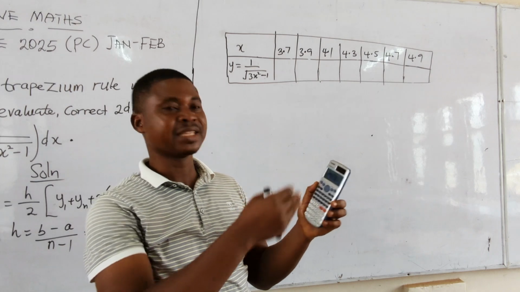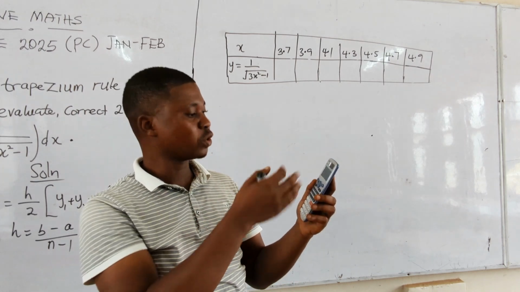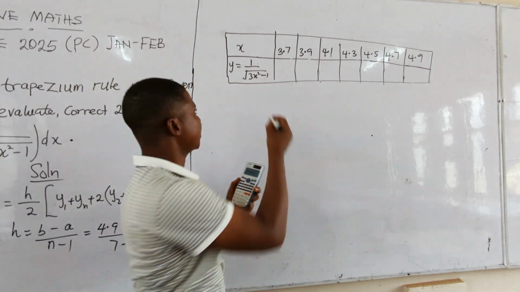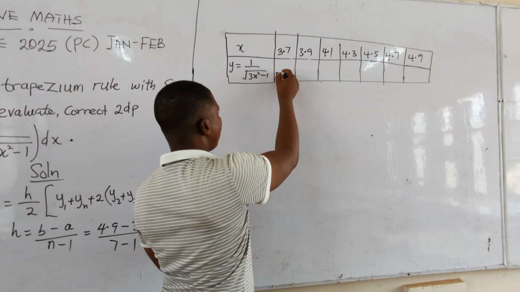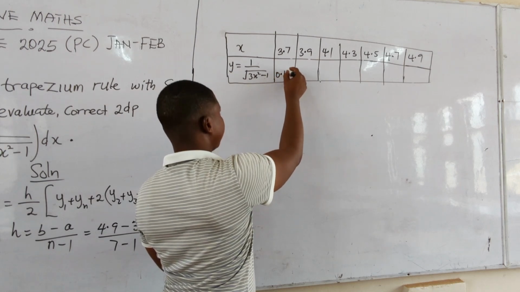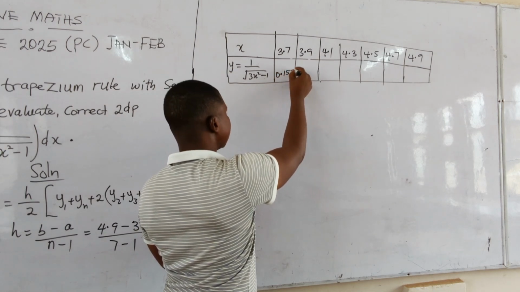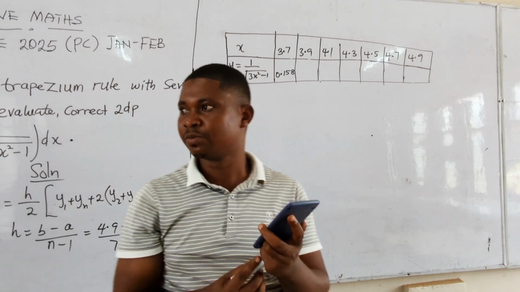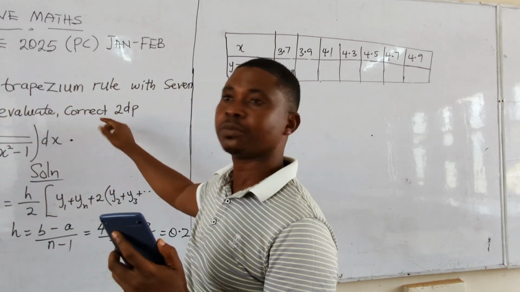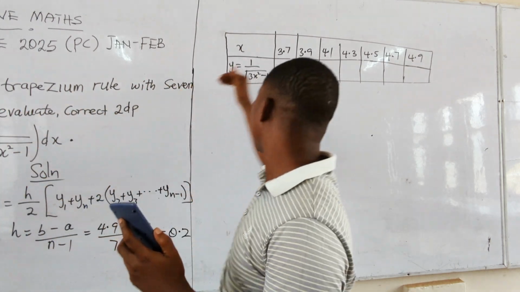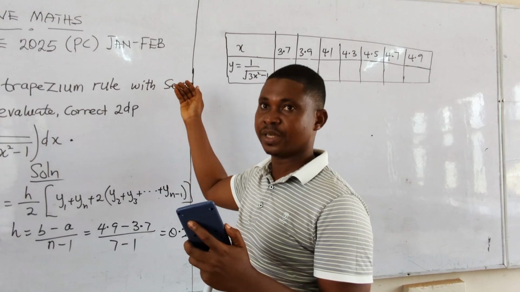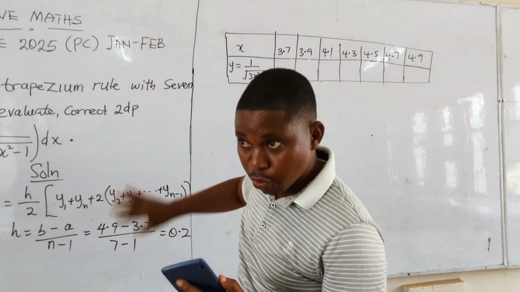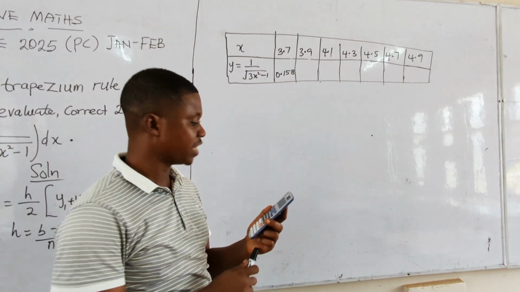Now you see the table will be given. So 3.7 is giving us 0.158. I'm making it 3 decimal places because the question told us to correct to 2 dp. In working with that, it should be more than the 2 dp, so that the final answer you approximate to 2 decimal places.